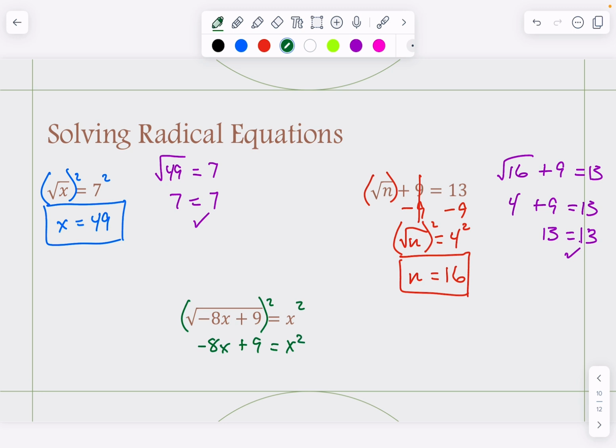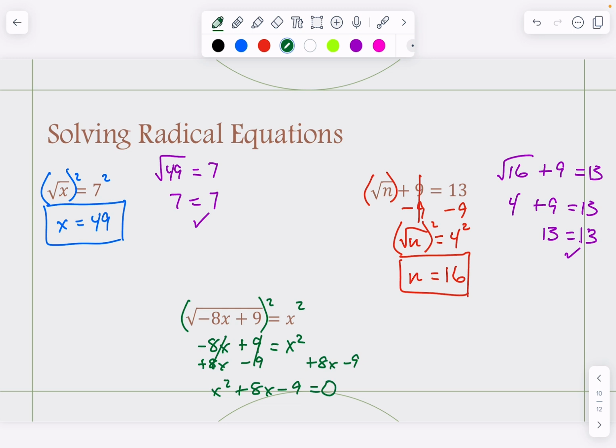Now, because of that exponent, I need to get everything to the same side and factor what's left while everything's equal to 0. So I'm going to add 8x and subtract 9 from both sides to get my final equation of x squared plus 8x minus 9 equals 0.